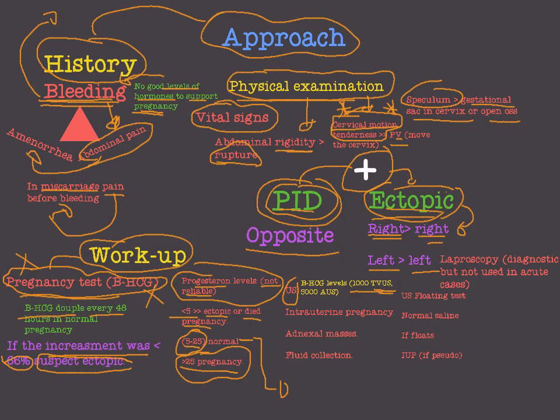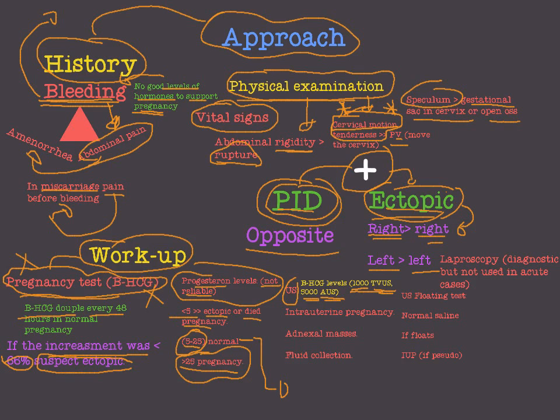To see a gestational sac by abdominal ultrasound, beta HCG level should exceed 5000. So 1000 for transvaginal ultrasound, because it gives a clearer view, transvaginally, near to the uterus. And above 5000 beta HCG, we expect to see it by abdominal ultrasound.